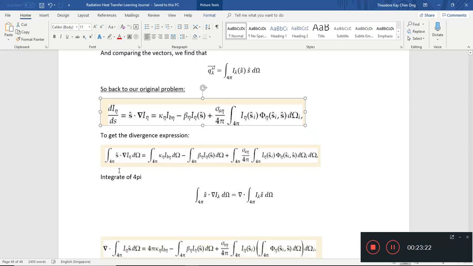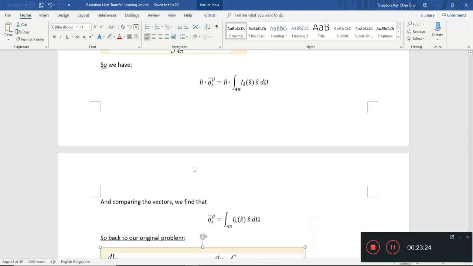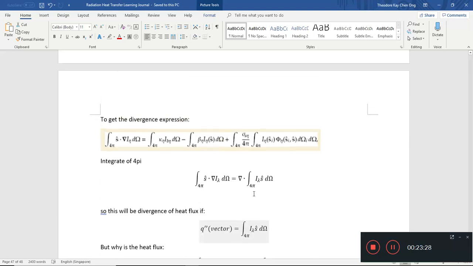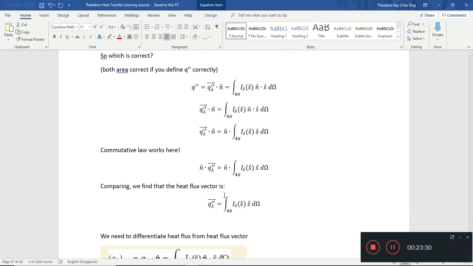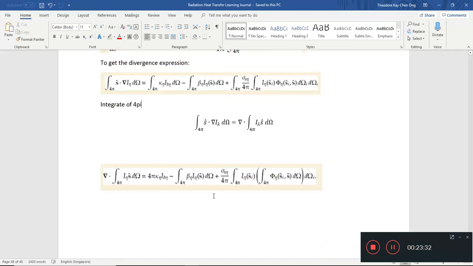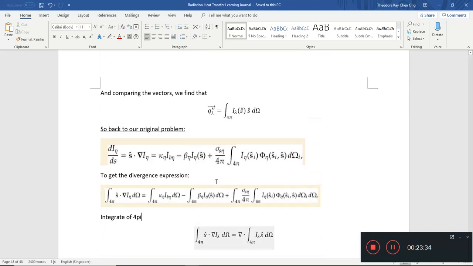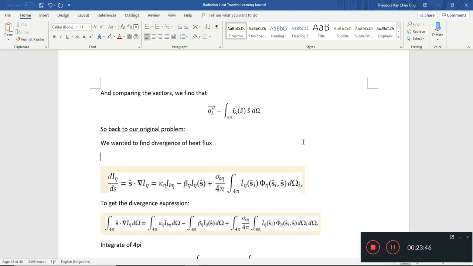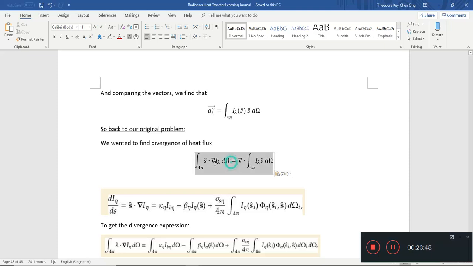So we wanted to find our divergence of heat flux using this expression. Okay, we wanted to find divergence of heat flux using this, right?